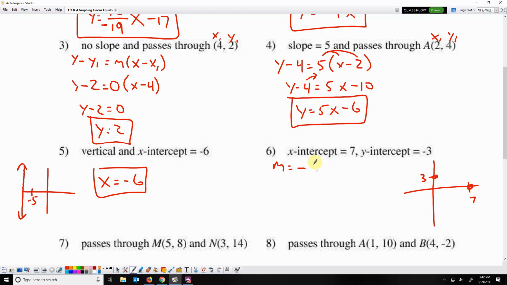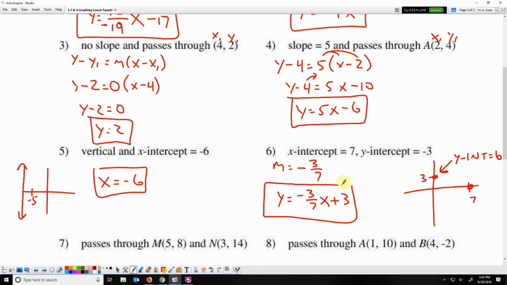So rise over run is negative 3 over 7. Okay, and the y-intercept is the b. So I've got m and I've got b. Y equals negative 3/7 x plus 3. Slope and y-intercept.